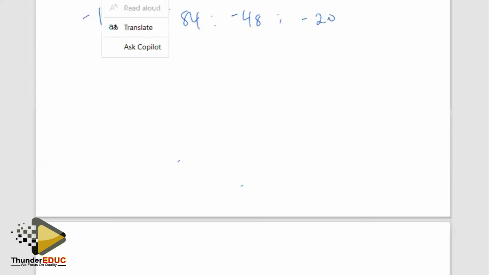To get the next 2 terms of the pattern, try to investigate how the pattern is moving on. For me to get what they're adding, take negative 84 and subtract negative 128, which means they are adding 44.